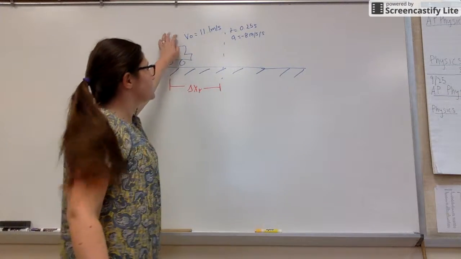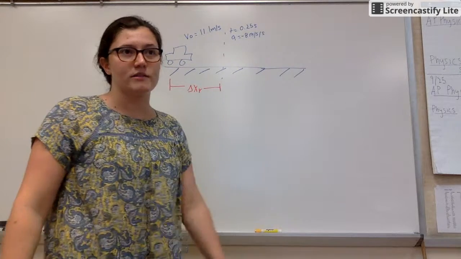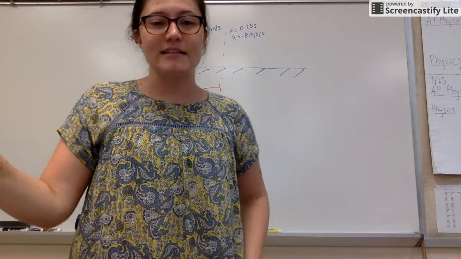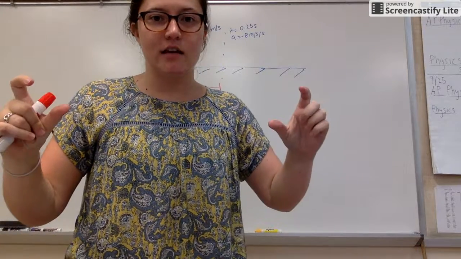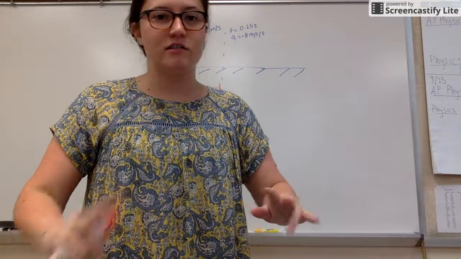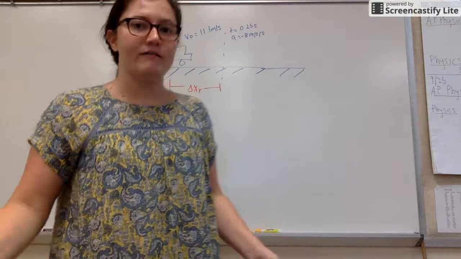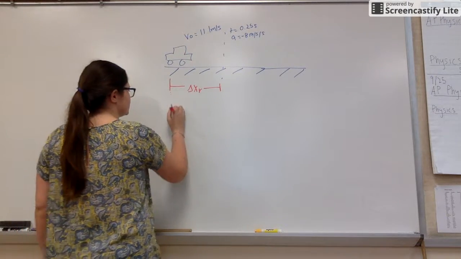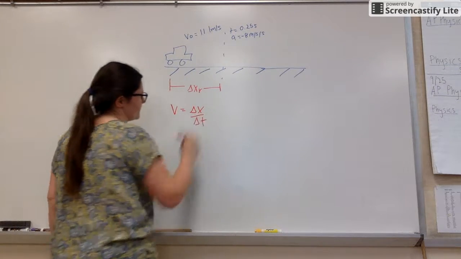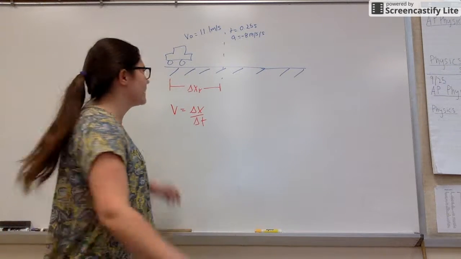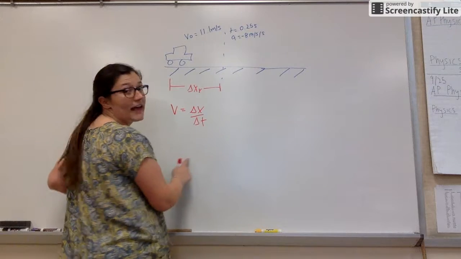From t equals 0 seconds to t equals 0.25 seconds, you're going to have a constant velocity of 11.1 meters per second. If your velocity is constant, that means there's no acceleration, so you can't use the big 4. You have to use instead v equals delta x over delta t. You're going to solve for your delta x.